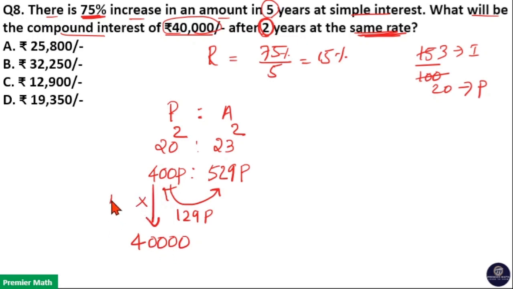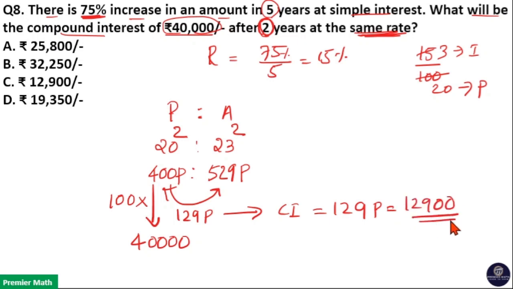So 1 part is equal to 100. If 1 part is equal to 100, 129 parts is the compound interest. Compound interest is 129 parts, which is equal to 129 into 100. So 12,900 is the compound interest for 2 years. So option C is your answer.